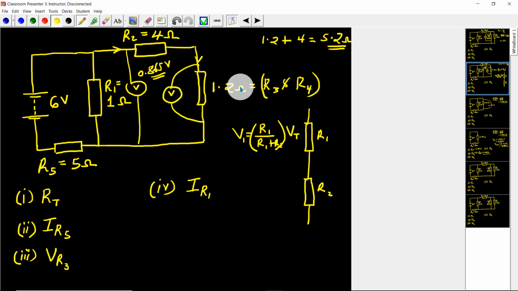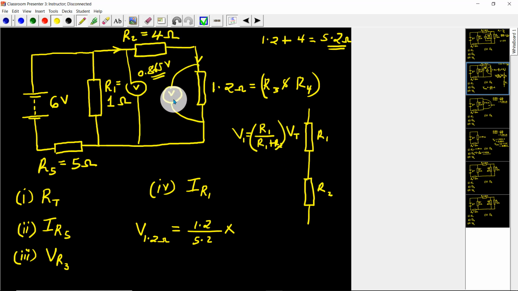Let's see how this one works out here. If I want the voltage across the 1.2 ohm resistor, I'm going to treat it like V1 is equal to R1, whose value is 1.2, over 1.2 plus 4, which gives 5.2. That is R1 plus R2. And what is the value of VT?